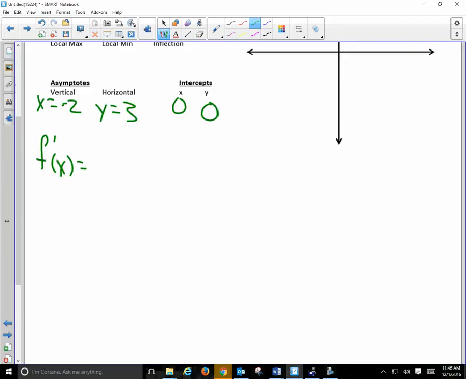Derivative of the top times the bottom, x plus 2, minus the top, 3x. What's the derivative of the bottom? 1. All over x plus 2 quantity squared. What does the top simplify to? 6.